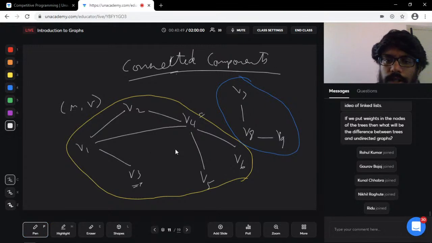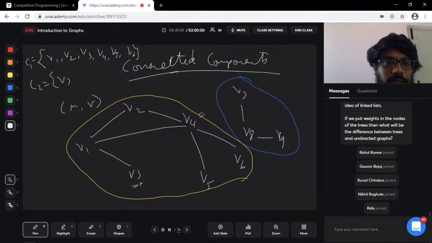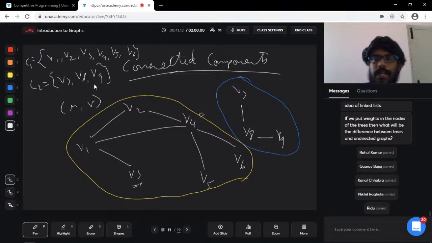I claim that C1 equals V1, V2, V3, V4, V5, V6, and C2 equals V7, V8, V9. I claim these are two connected components.